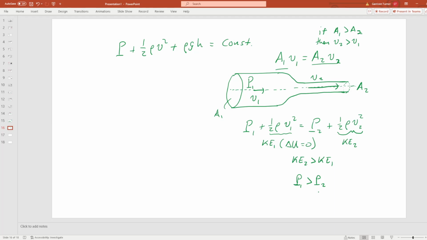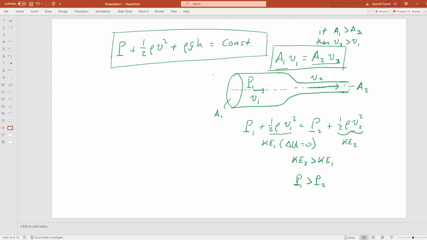So this is really the punchline: these two equations working in concert with each other to analyze what's going on in a pipe.